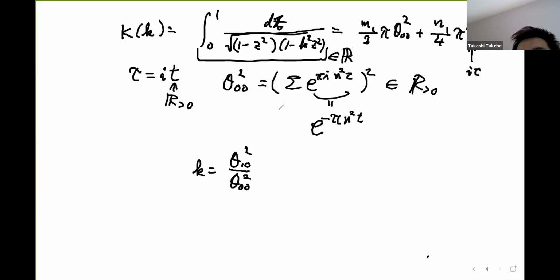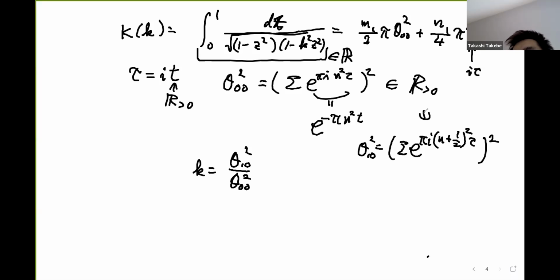On the other hand, this is real because K is this, and by the same argument, it was e to the pi i. So this is also a positive real number. So this side is a real number and this is real.